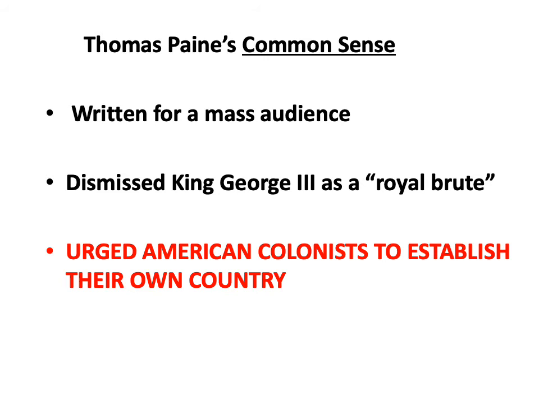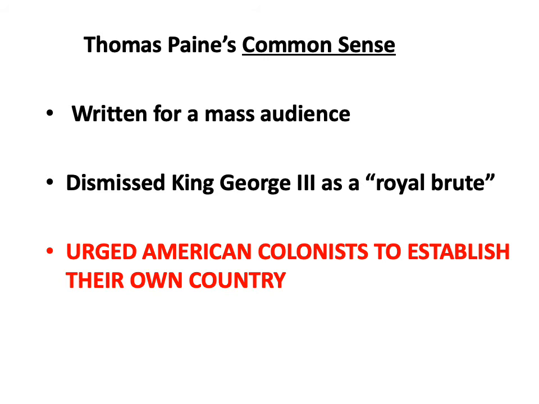And in this document, he said that King George III was a royal brute, and that birth as an aristocrat should not confer any privileges, and it was totally revolutionary because he totally rejected the concept of the divine right of kings.